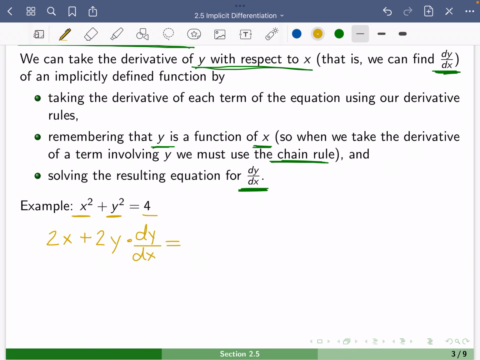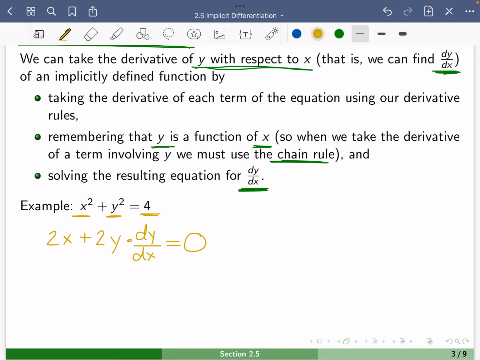On the right-hand side, we need to take derivatives of both sides. We can't just leave that 4. The derivative of 4 is 0, because the derivative of a constant is 0. And now we want to solve this for dy dx.